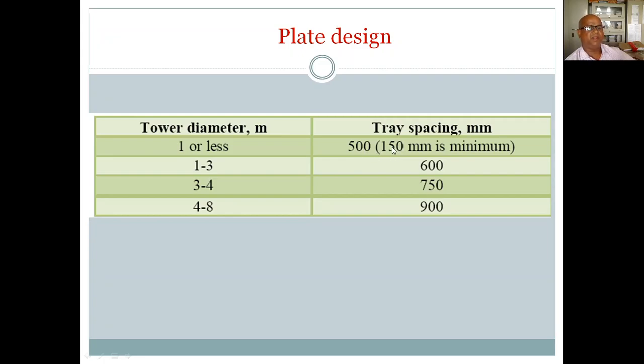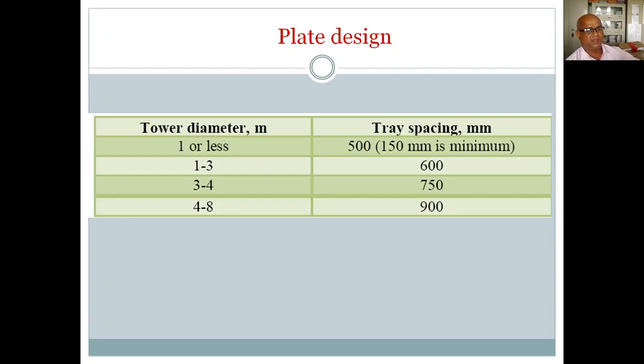If you take the average, this is around 300 millimeter, which means 30 centimeter, almost 1 foot. So when diameter is around 1 meter or less, generally 1 foot is the tray spacing.